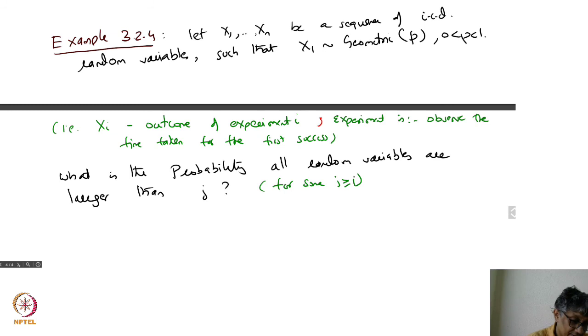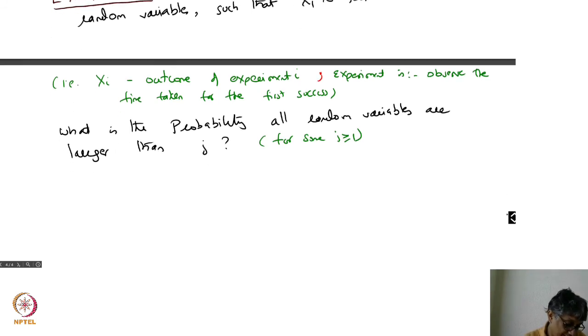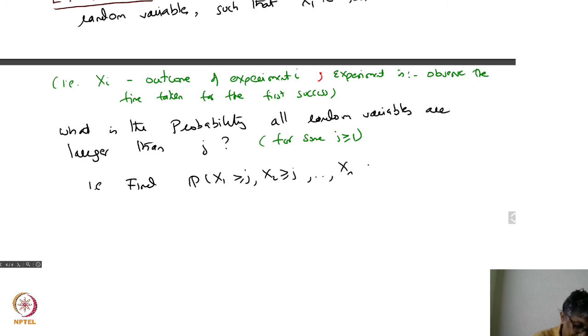What do you have to calculate? You want to find the chance that X1 is bigger than or equal to j, X2 is bigger than or equal to j, and so on, all the way to Xn bigger than or equal to j. This is what you want.